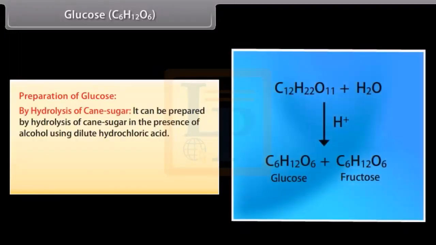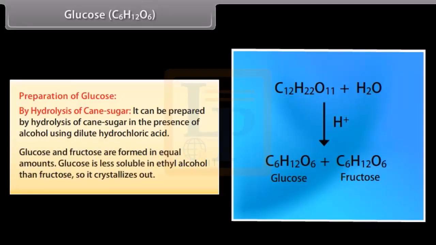The methods of preparation of glucose are as follows. By hydrolysis of cane sugar. It can be prepared by hydrolysis of cane sugar in the presence of alcohol using dilute hydrochloric acid. Glucose and fructose are formed in equal amounts.